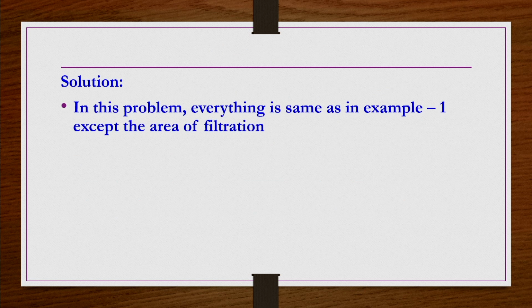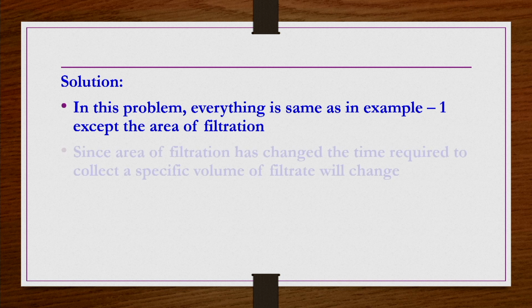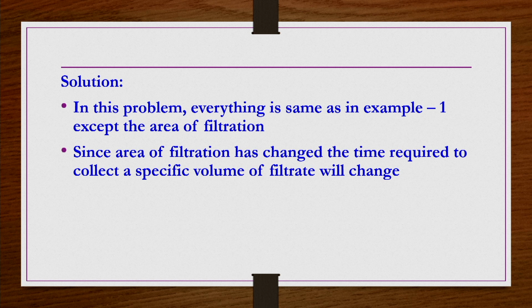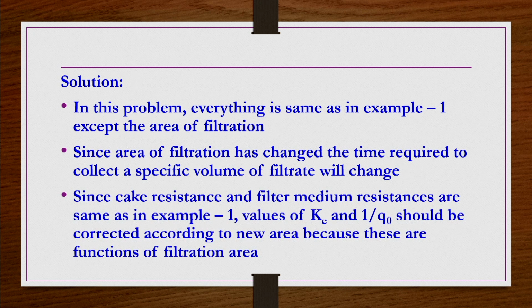So, in this problem everything is the same as in example 1 except the area of filtration is changing. Since the area of filtration has changed, the time required to collect a specific volume of filtrate will also change. Since cake resistance and filter medium resistance are the same as in example 1, values of Kc and 1 by q naught should be corrected according to the new area, because these are functions of filtration area.